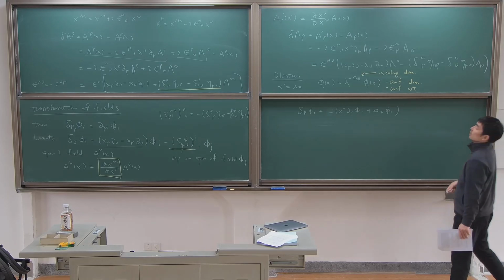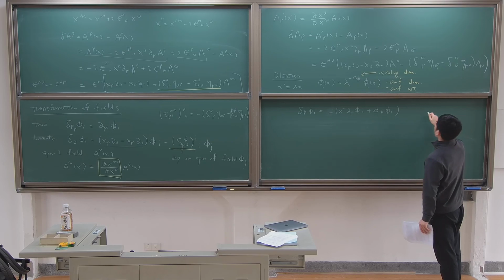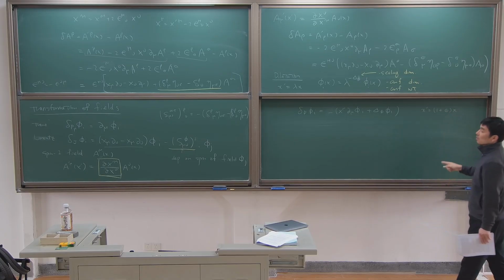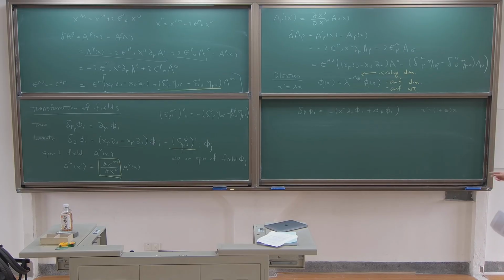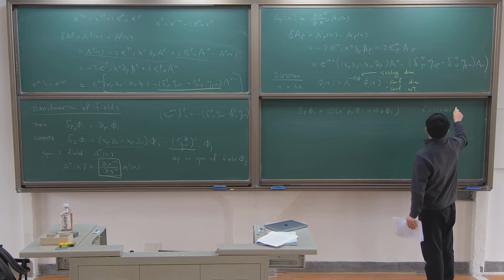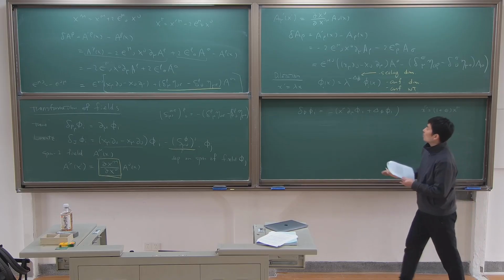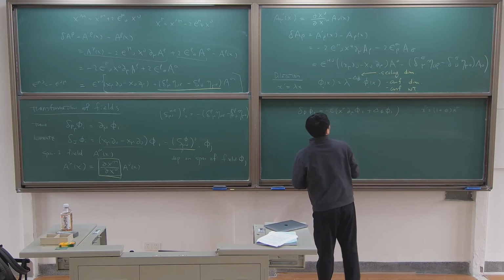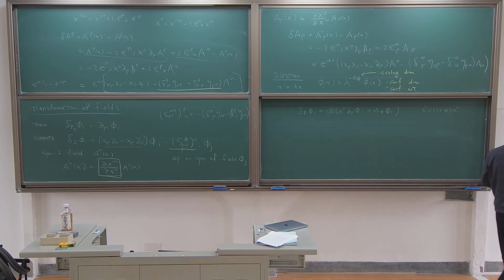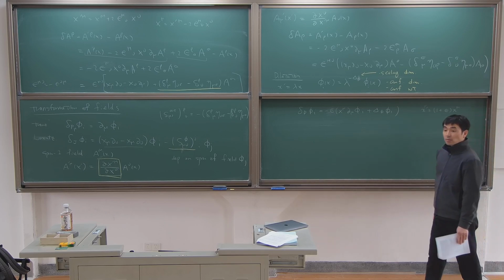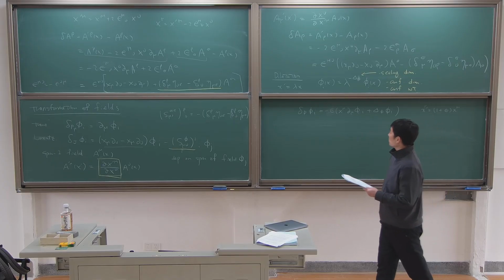Note that if lambda is very small, x prime can be approximated like this, and then look at the leading order in epsilon, and you will get the x mu term. More precisely, you get minus epsilon like this, and then do the expansion. So this is the transformation rule under the scaling transformation.